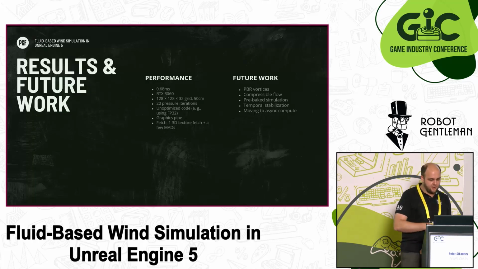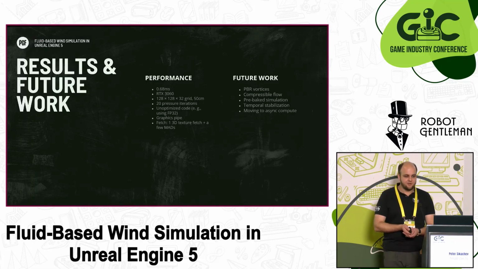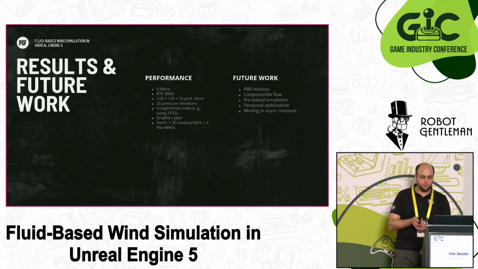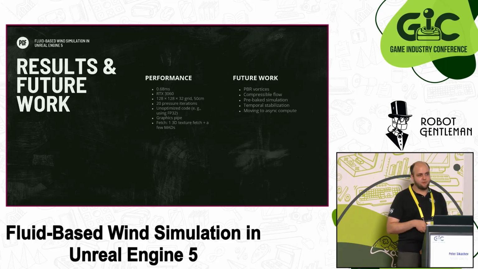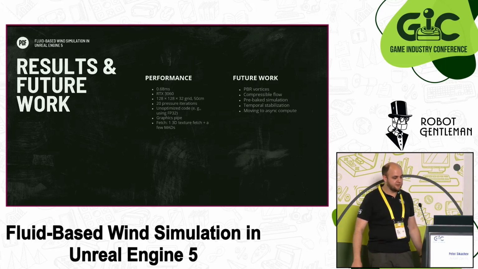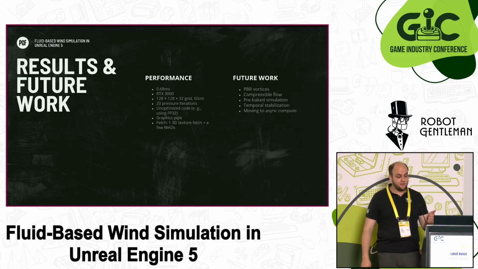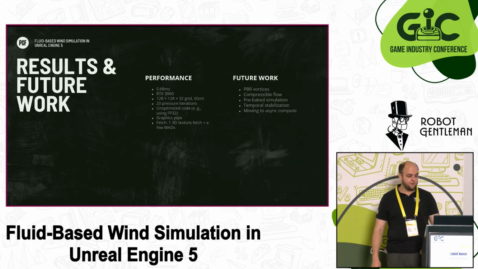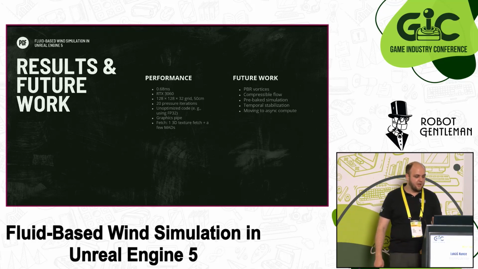For performance, basically it's still an unoptimized solution and work in progress. We tested it on an RTX 3060, which is roughly what you get in the current gen consoles. For a 128 by 128 by 32 grid, we get about 0.7 milliseconds.